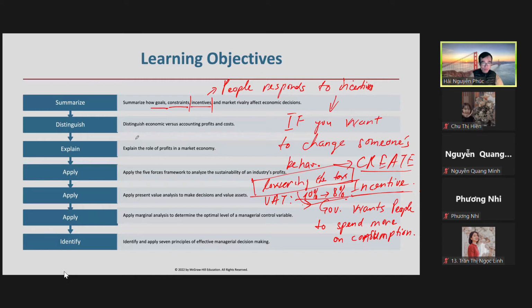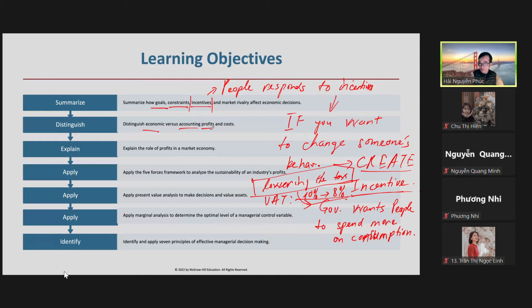Okay, so next point. In chapter number 1, we are going to talk about economic profit and accounting profit. Do you have any idea on the differences between economic and accounting profit?